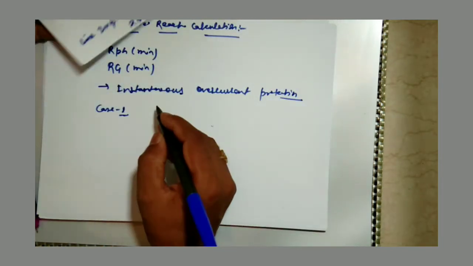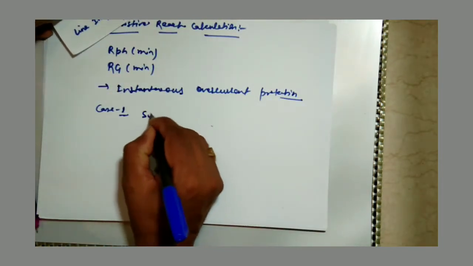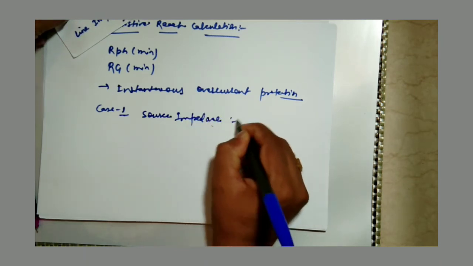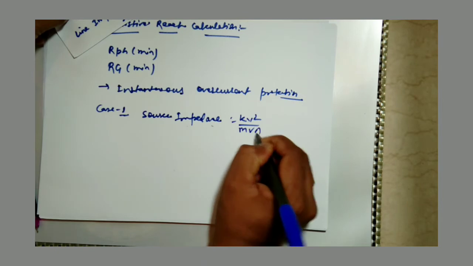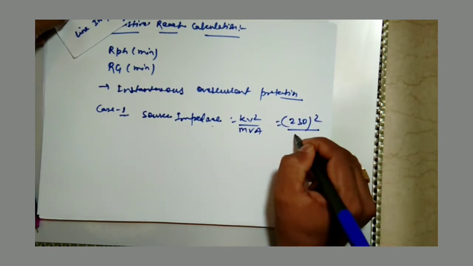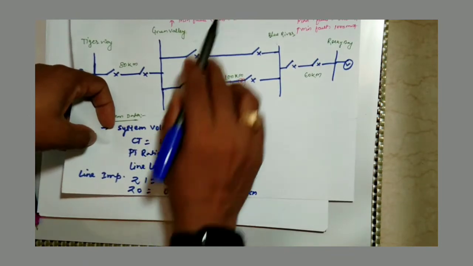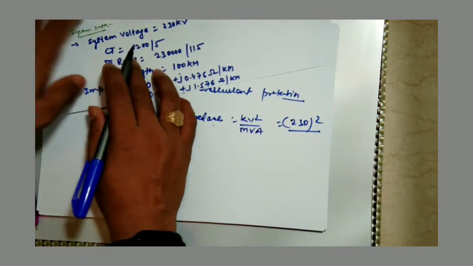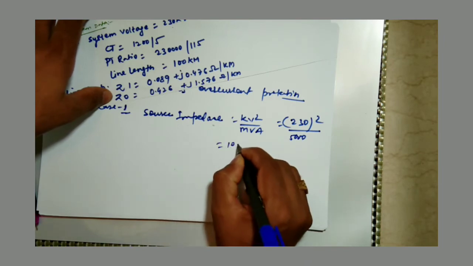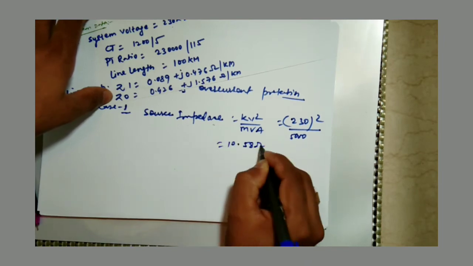So in case 1, if we calculate the source impedance, that means kV squared by MVA, where kV is 230 kV and MVA is 5000 MVA, you will get a value of 10.58 ohm resistance.